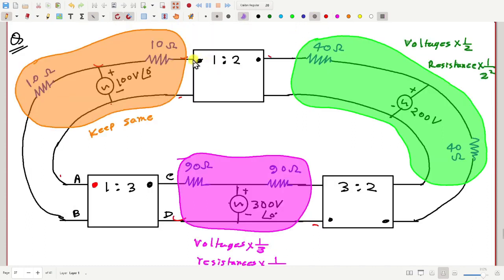Then you connect this to this, this to this, this to this. Forget the presence of the transformers and just solve the circuit, and then scale back the voltages and currents to get the result for the original circuit. I leave it as homework.